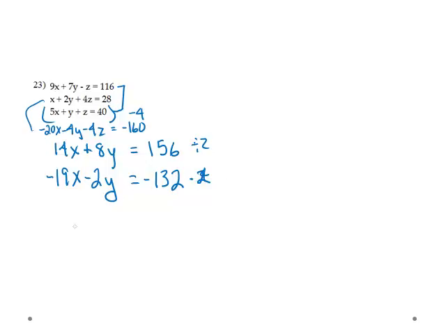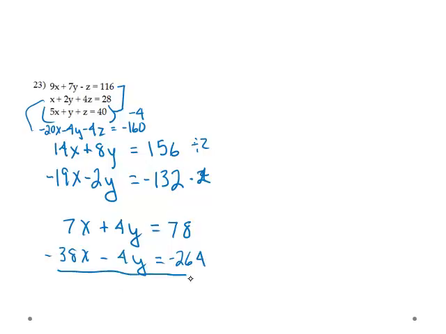So the top equation becomes 7x plus 4y equals 78. Multiply the bottom equation by 2 is -38x minus 4y equals -264. Add those two together.